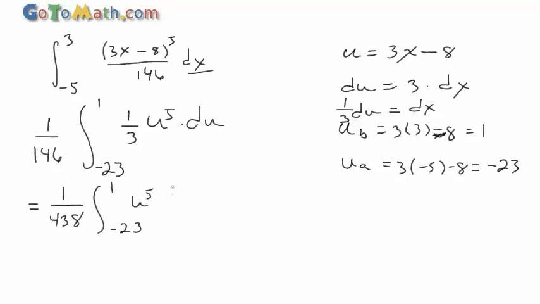Now what's really cool about this is, you should experiment with this. If you were to graph this thing, and look at its graph, and even plot -5 and 3 and shade in the area, well, believe it or not, both of these are going to be equal to each other.